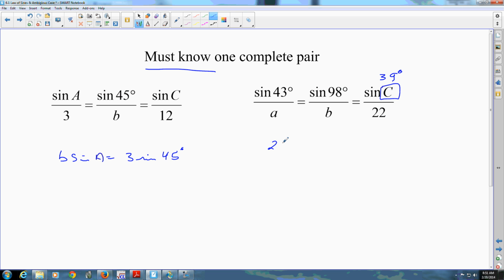So you have 22 sine of 98 equals B sine 39. Whoops, little b, I was going to write big B, sine 39.